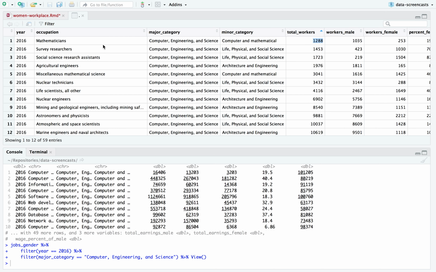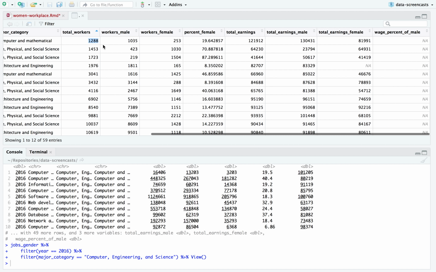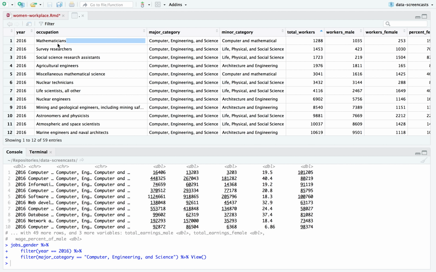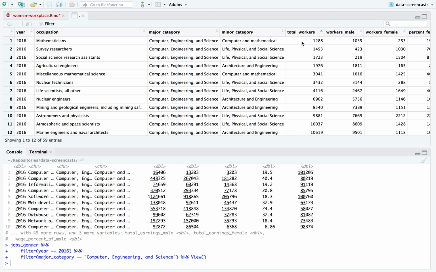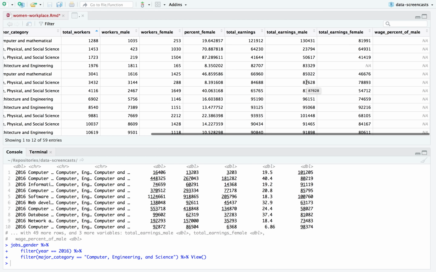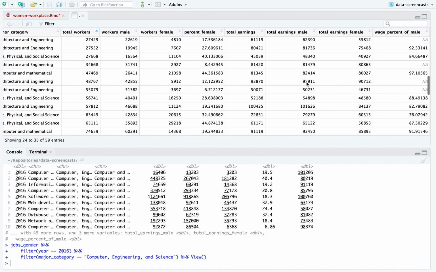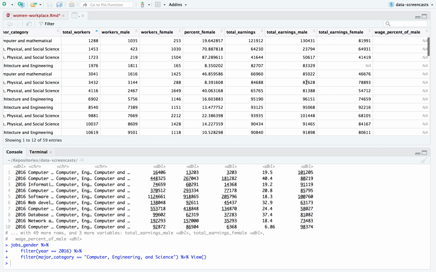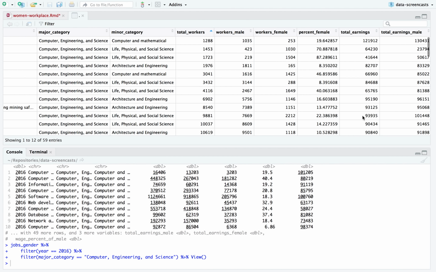That feels like an underestimate. I don't know the details of this data. Maybe mathematicians are counted differently. Okay, so I could probably remove even more than this, but yes, it looks like, actually, in this data, they removed a lot of, see, this is why maybe doing wage percent of male might have been a good idea.